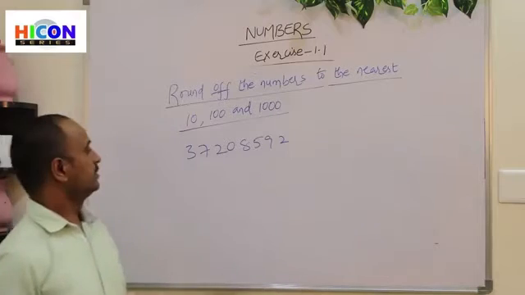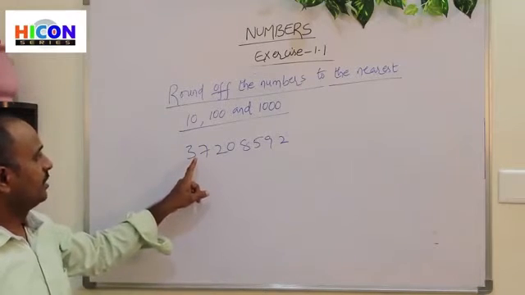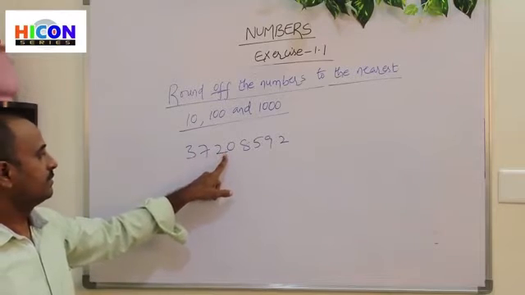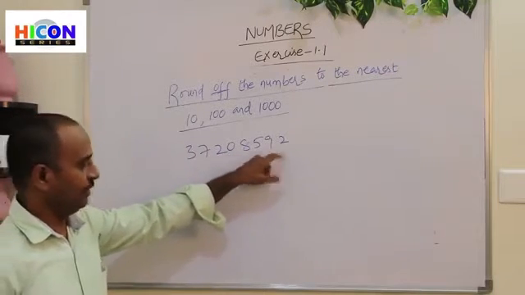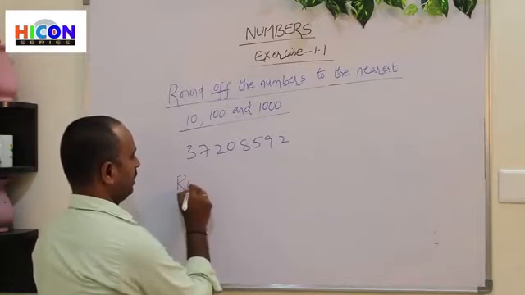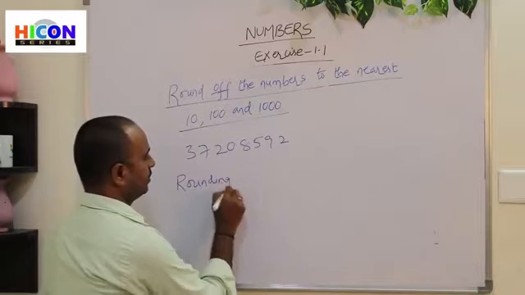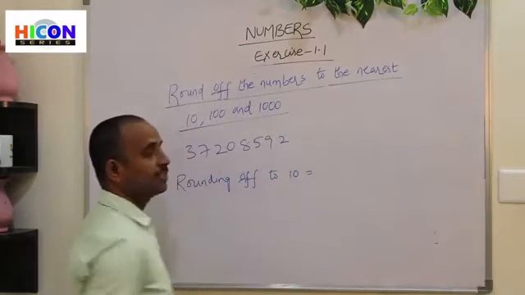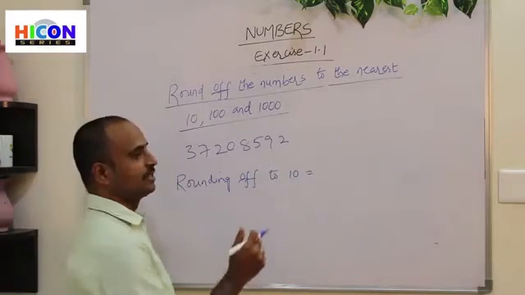The given number is 3 crores 72 lakhs 8,592. Now we have to round off this given number to hundreds. That is, rounding off to tens first. First identify the digit present in the tens place.